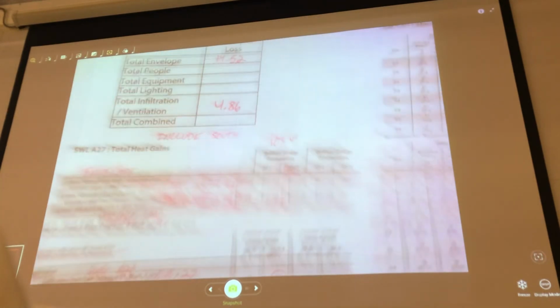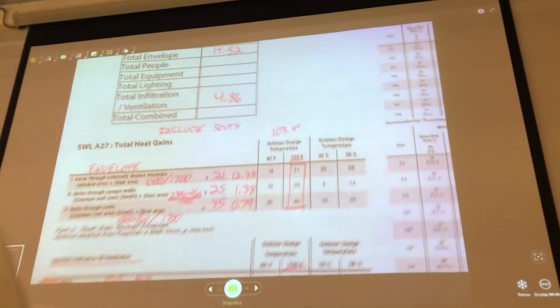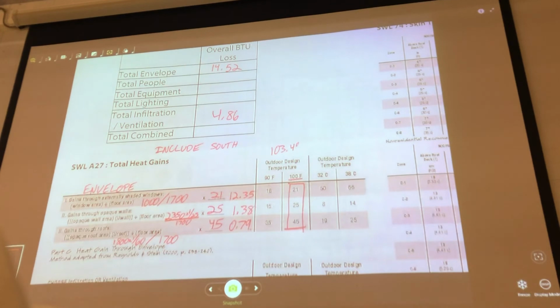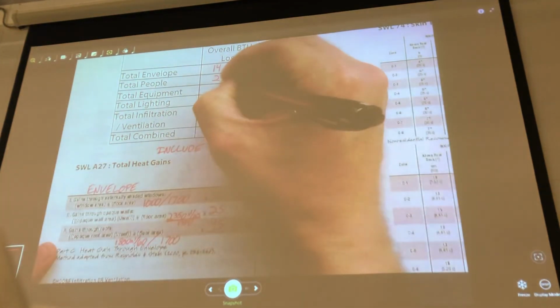I'm going to say, I don't know who's going to live here. I'm going to sell this at some point because I'm a contractor and want to make quick money. So I'm going to design for whatever anybody wants to put in there. So I'm going to design worst case, and go with whatever's the highest.